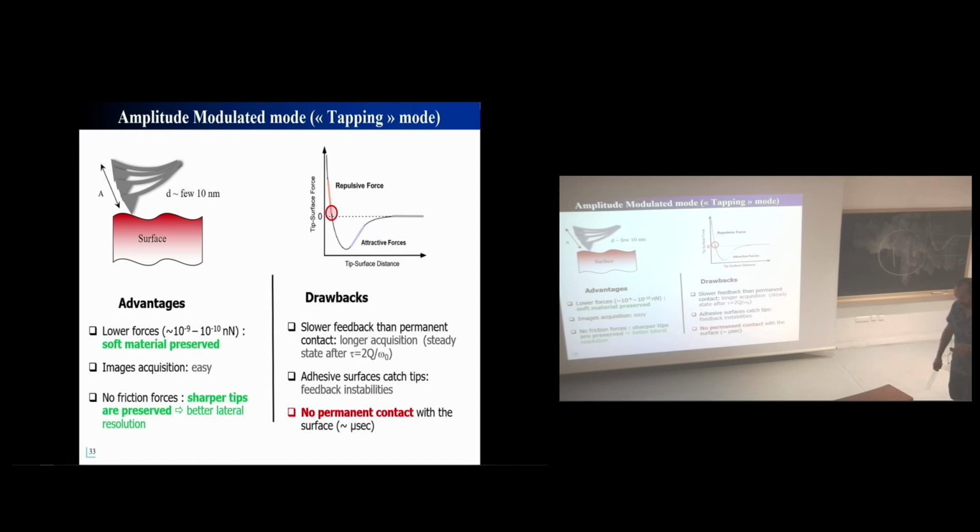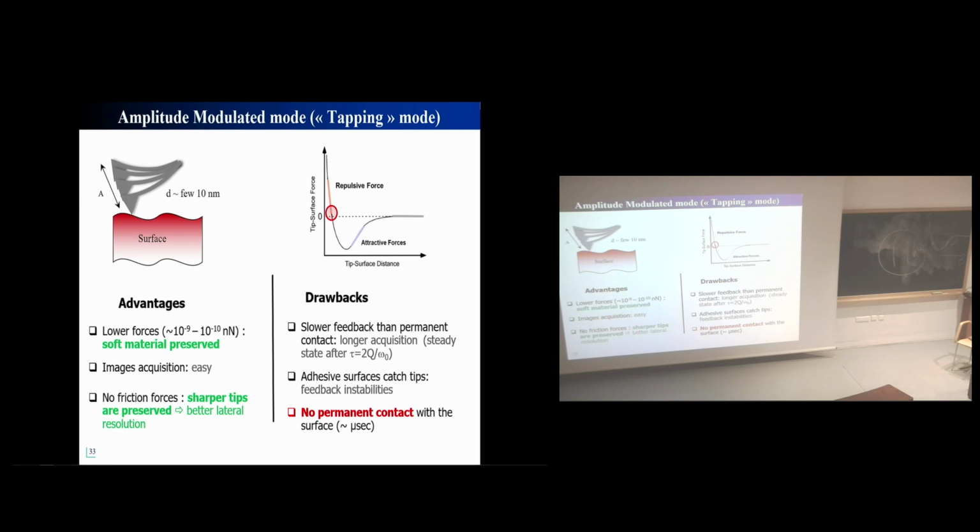Advantages. First of all, you can measure smaller signals, so you can measure lower forces. So you can work on soft material. This mode is typically used for everything, but especially for life science, polymer stuff, and all the soft material has to be observed with this mode. As I told you, there are no more friction forces.